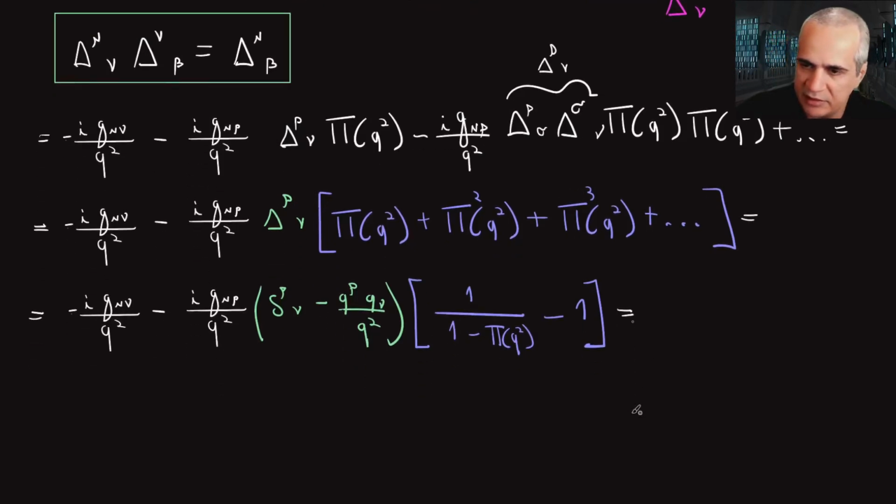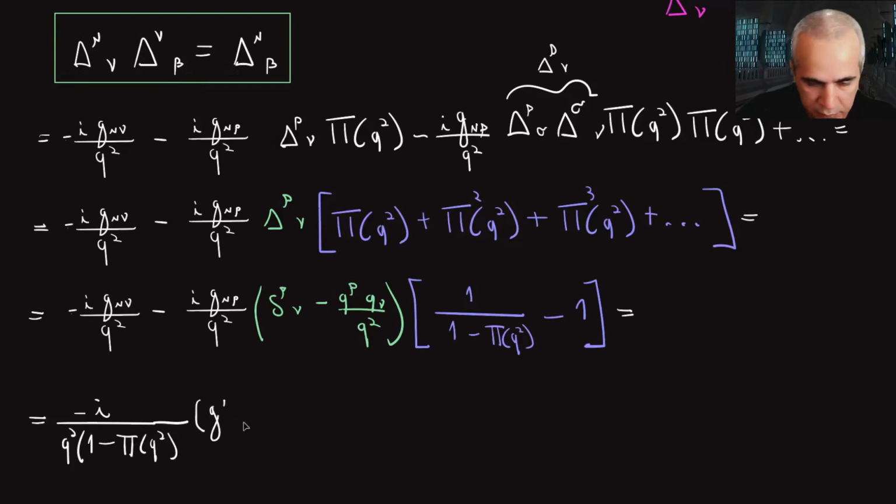You can see that there's a piece here which is opposite sign to that one, so there'll be a cancellation. This guy will go away, right? And you have this guy just multiplying the rest. It's a little bit of algebra, but not much. And you can see that this will become q squared, 1 minus pi of q squared, times the structure g mu nu, this guy, right?